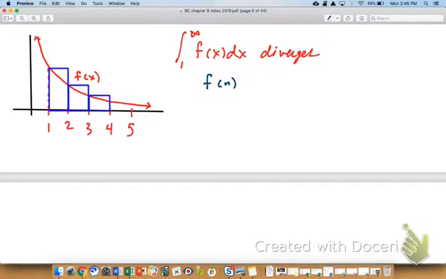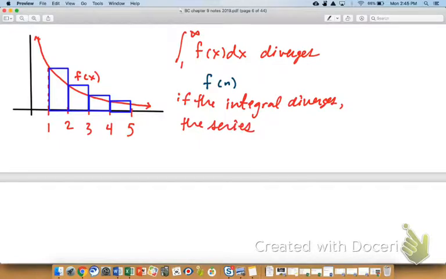I'm going to start off with a left sum this time. If I told you if the integral diverges, the series f of n diverges.